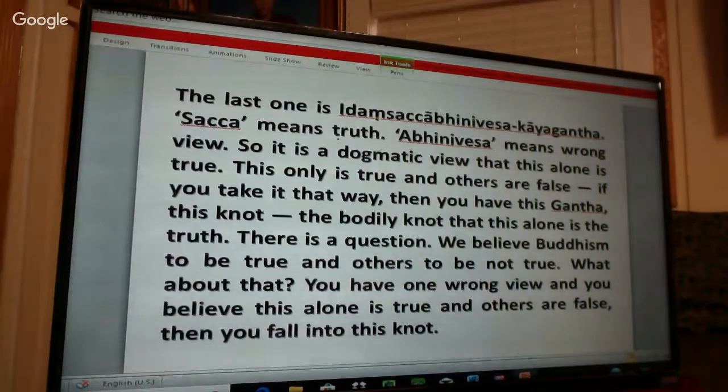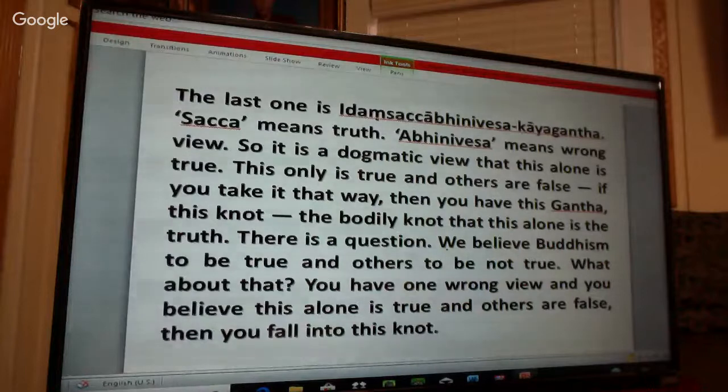And abhinivesa means clinging, holding around. So it is a dogmatic view that this alone is true. That view is the truth; this alone is true, the others are false. If you take it that way, you have the knot.